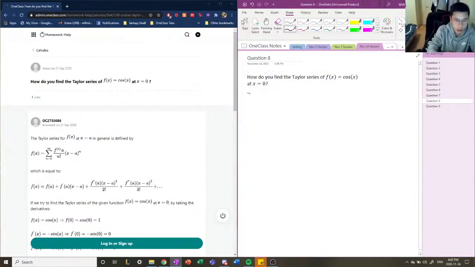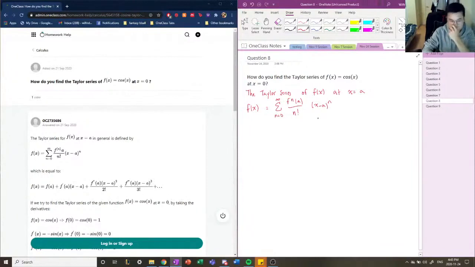The Taylor series of f of x at x equals a is defined as f of x can be approximated by the infinite sum, or sigma from n equals 0, of the nth derivative at a divided by n factorial times x minus a to the power of n.